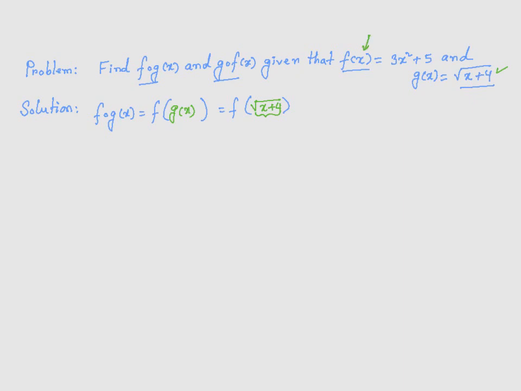Now in the original definition of the function, it takes the input x, squares it, multiplies it by 3 and adds 5 to it. Just because I change the input, it shouldn't change the behavior of the function.